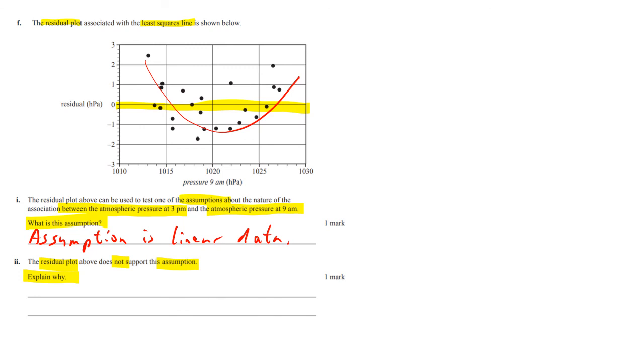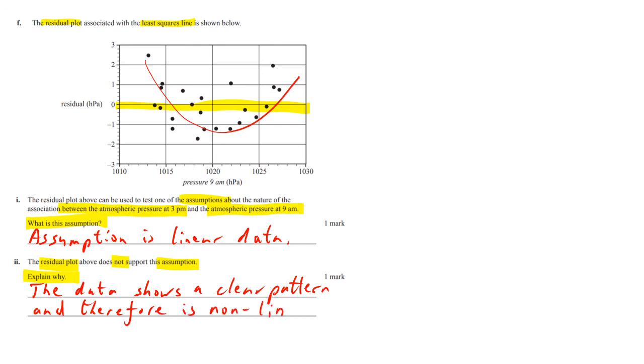No, we've got to say the data shows a clear pattern and therefore is non-linear. All right, so they just want you to say that you can see there's a clear pattern, and that gets you the point.